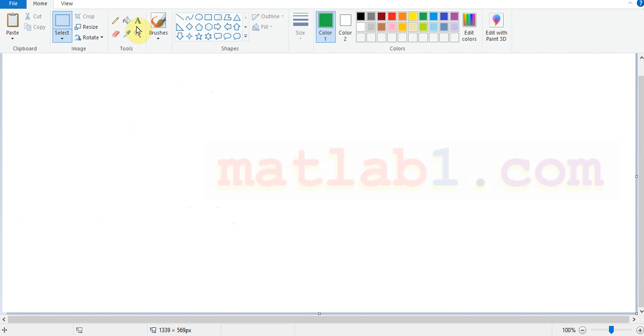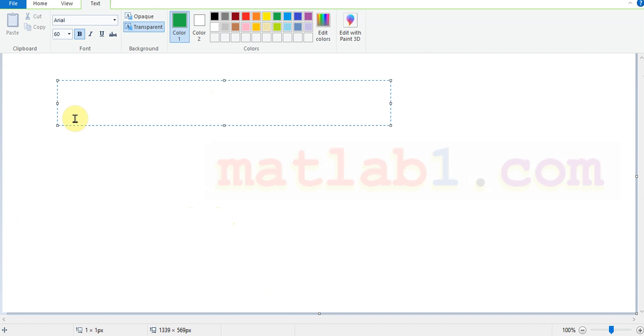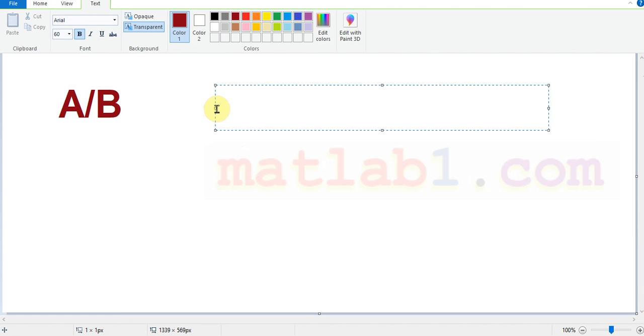If you write A divided by B in MATLAB, it means that MATLAB solves this equation for you and finds the x for you. MATLAB creates a system of linear equations for you, and finds x.